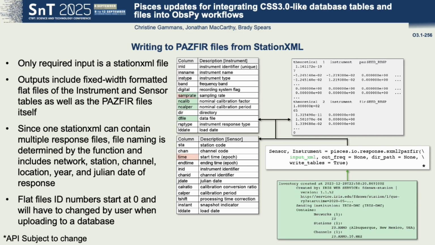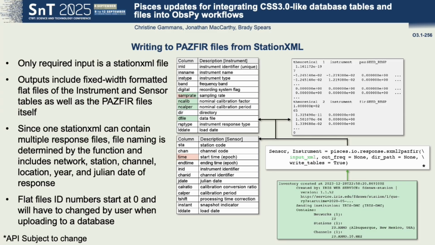Because one station XML file can contain a large number of responses, the file naming for these are fixed. I wanted to note that it would be on the user to change that, as well as to adjust the ID numbers from the flat files if you are going to upload those into a database.